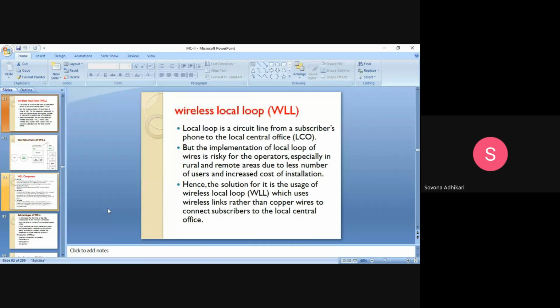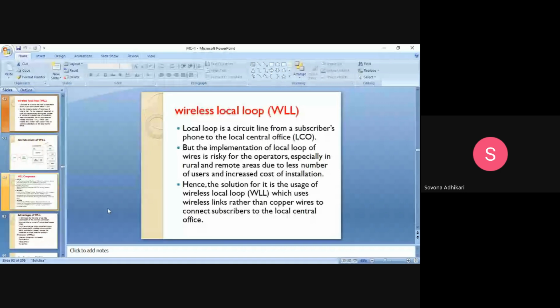So first, this local loop is a circuit line which connects the subscriber phone to the local central office. But the implementation of a wired local loop is risky for the operator, especially in rural and remote areas, due to the small number of users and increased cost of installation.